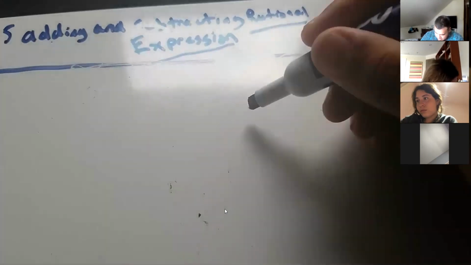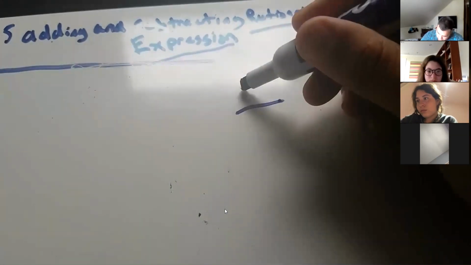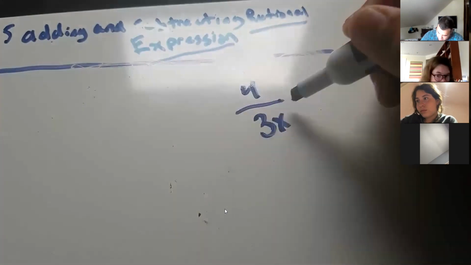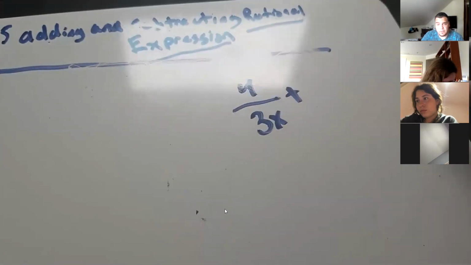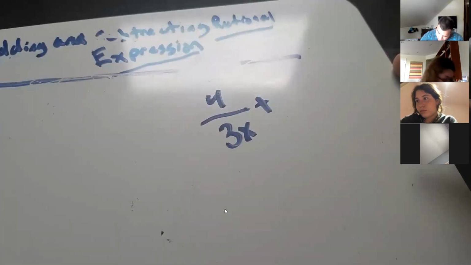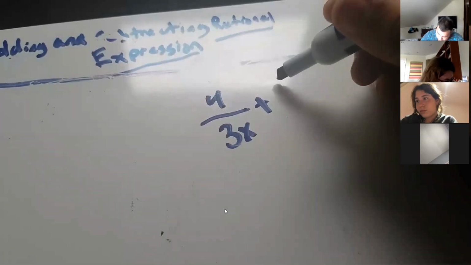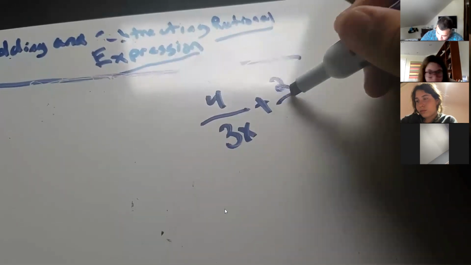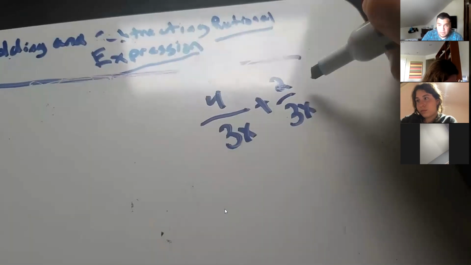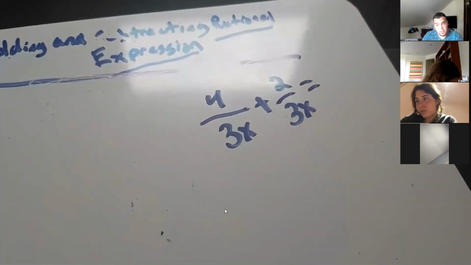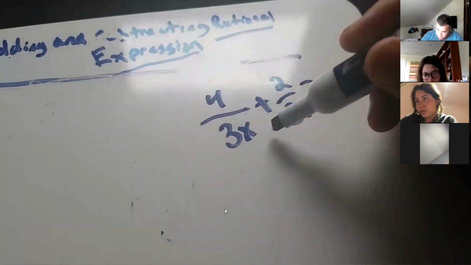So let's say we had 4 over 3x plus, I want something I can simplify, 2 over 3x. The first thing you have to check is, are the denominators matching? Yeah, they're matching.